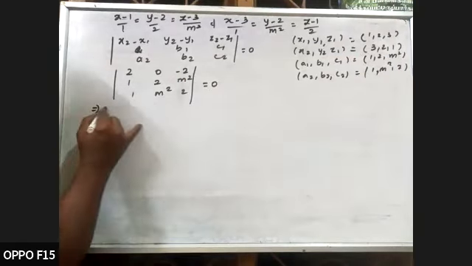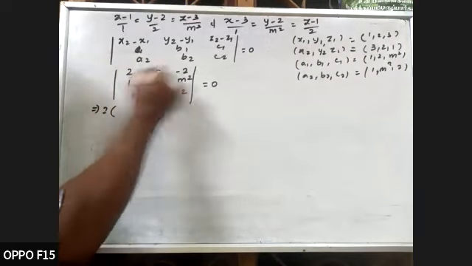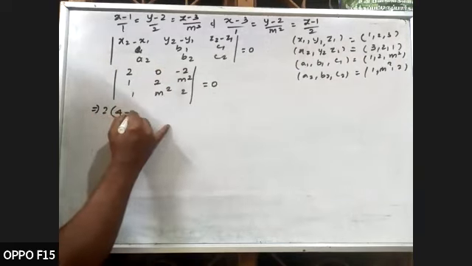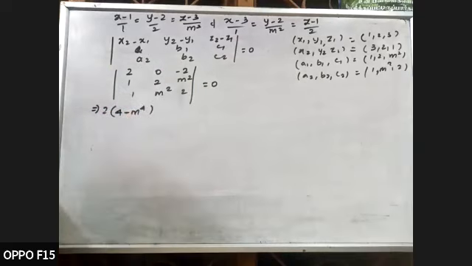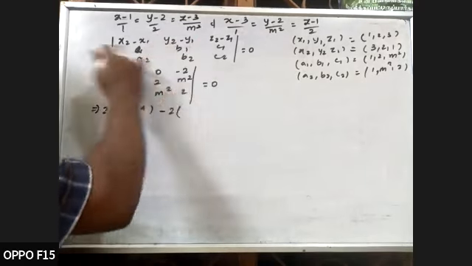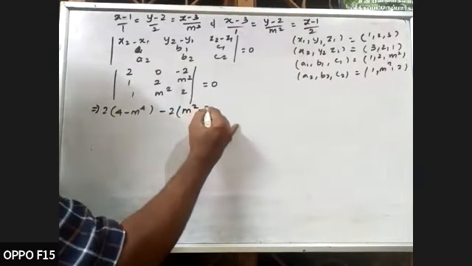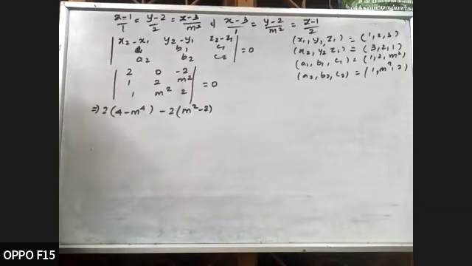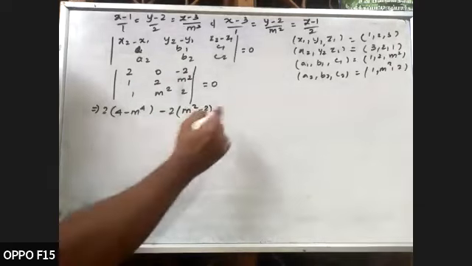Now expand along this row. 2 into this row, this column gives 4 minus m power 4, since m square into m square is m power 4. The 0 term is not needed. Then minus 2 into this row, this column gives m square minus 2, which equals 0.